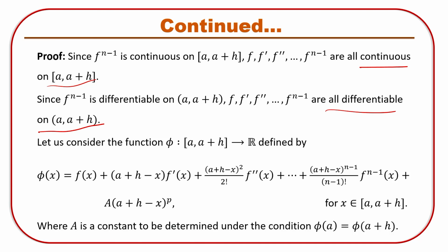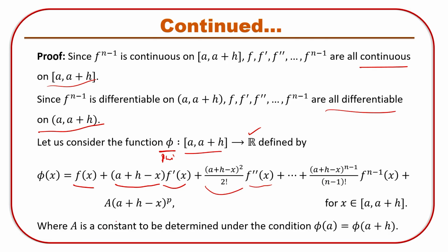So, consider a function phi from the closed interval [a, a plus h] to R. Phi(x) is equal to f(x) plus (a plus h minus x) f'(x) plus (a plus h minus x) whole square by factorial 2 f''(x) and so on, right.